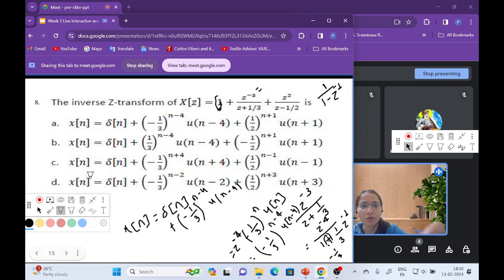Okay, so what will be the z transform of this part? Similarly, you can solve it also. So I'm solving it here. So that will be z only if we divide by z in numerator and denominator.